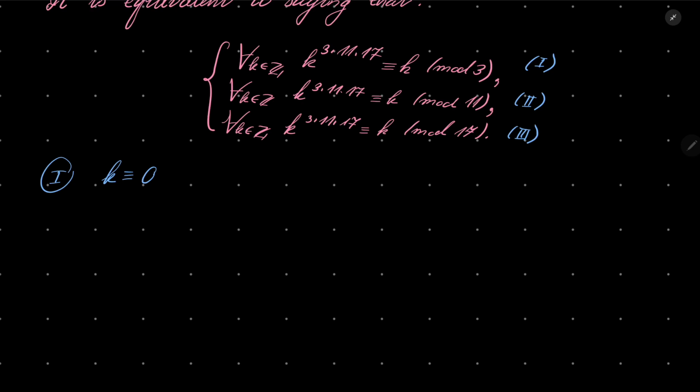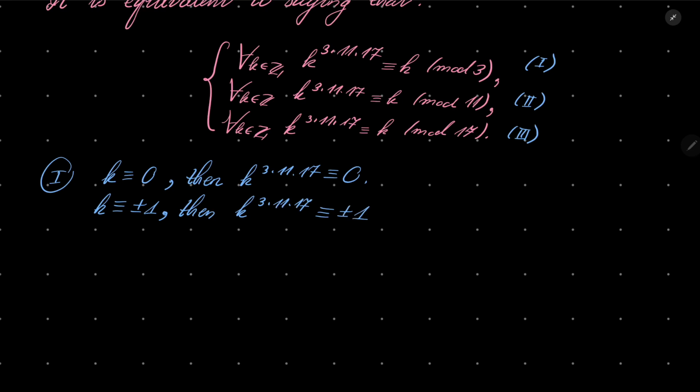If k is congruent to 0, then k to this power is congruent to 0, so it holds. If k is congruent to plus or minus 1, then k to this power, notice that the exponent is an odd number, so it's congruent to plus or minus 1 as well. If we have plus, we have plus here as well; if minus, minus as well. So it holds. It's verified.